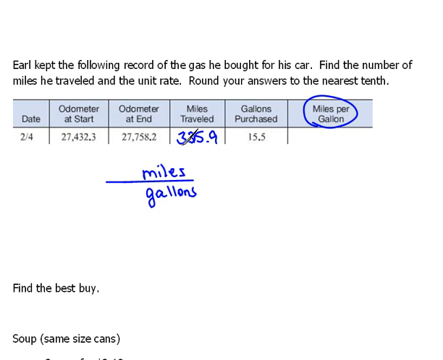Well, if I know that we traveled 325.9 miles and he purchased 15.5 gallons to replace what he had used, then this is how we would set that up. And now we can let our calculator again do the actual division part of it.